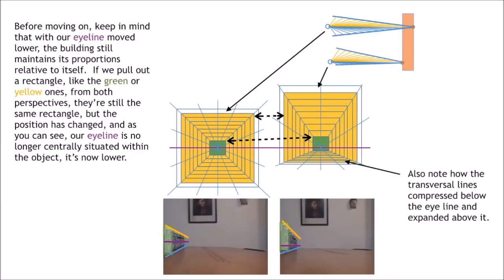Also note here, if you go to the right side perspective view, you can see how those lower transversal lines are very close to each other, how the upper transversal lines are much further apart, whereas on the left perspective view, they were all equally proportional to one another. Again, this is a function of your observer height. It's going to move your horizon line in or out, depending on the expansion and compression rate of those angles.